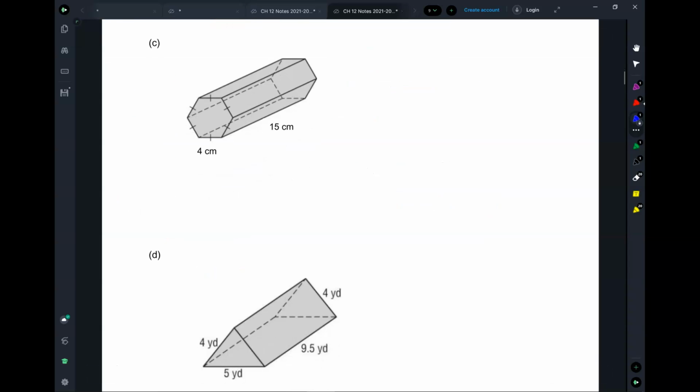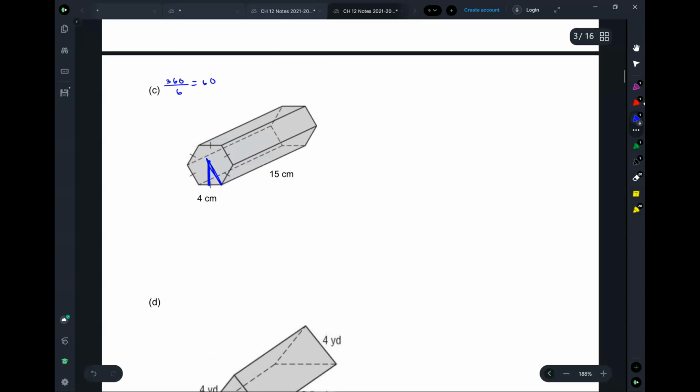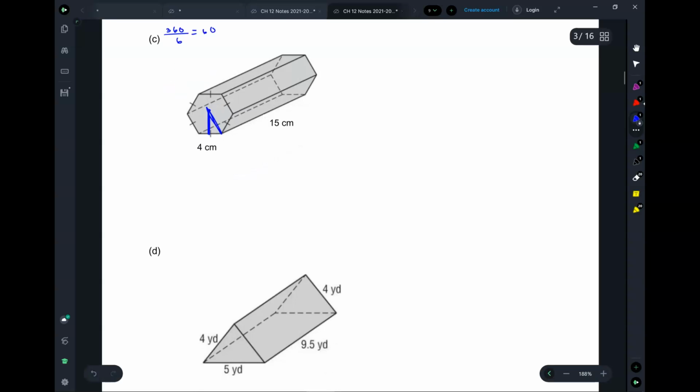Oh, what shape is this one? It's a hexagon. That means 360 over 6 is 60. So when I do this, it's 30. Oh, look, it's a 30, 60, 90 triangle, right? Okay, so that's too small. Let me draw a bigger one here.